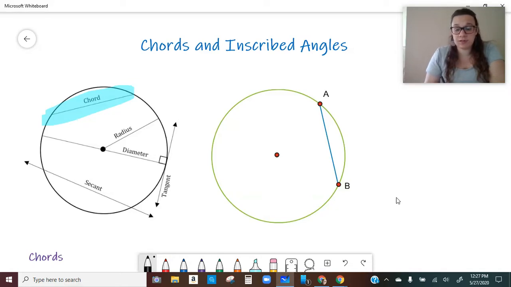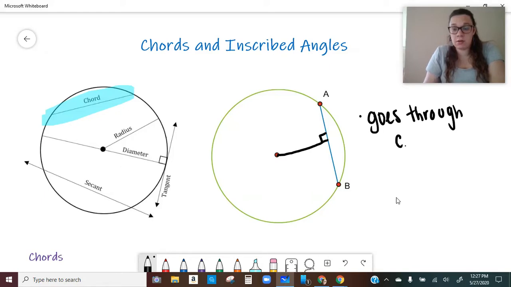So perpendicular is at a right angle, and if I drew one at a right angle through the chord and I started heading this way, you'll notice one thing right off the bat, that it goes through the center. And let's label this line, let's call it where I cut it here was X and the center C. So we'll say XC goes through the center.